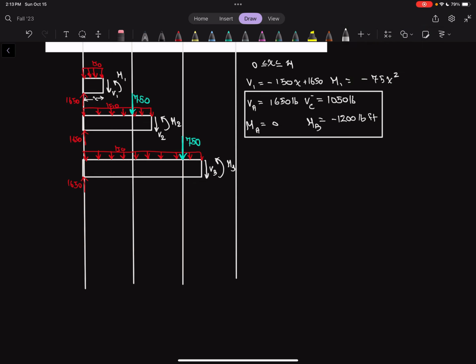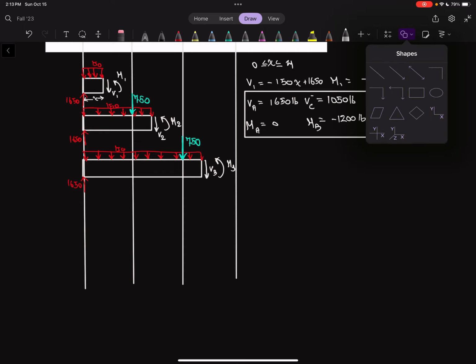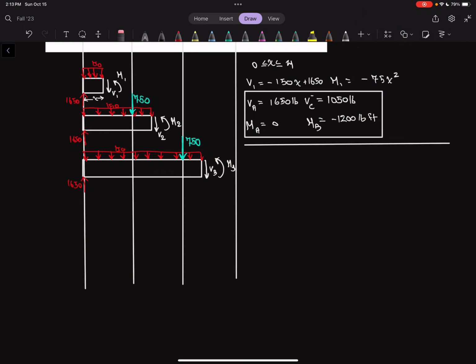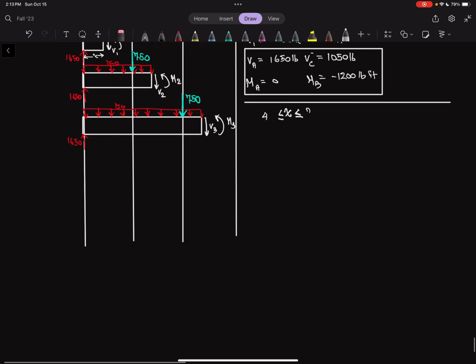Then we're going to look at the second part. So let me make a little bit of a separation here. Second part, my x is going to be between 4 and 8.